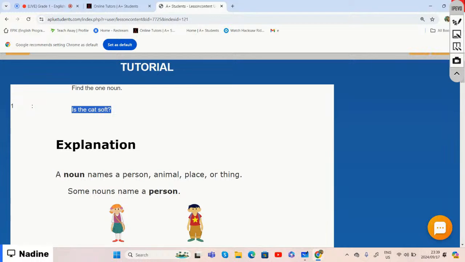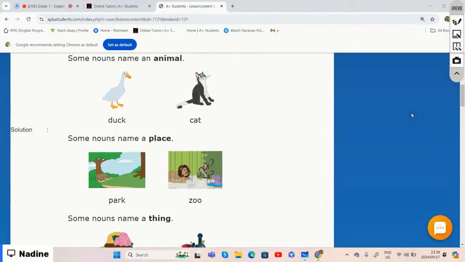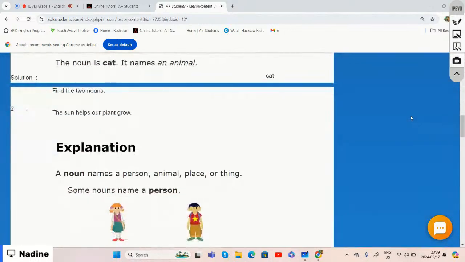And if we were to identify the noun, then we can say the noun is cat. So cat is a noun and it names an animal.